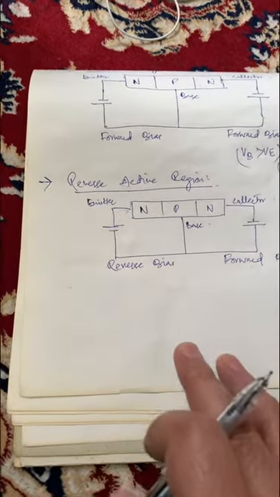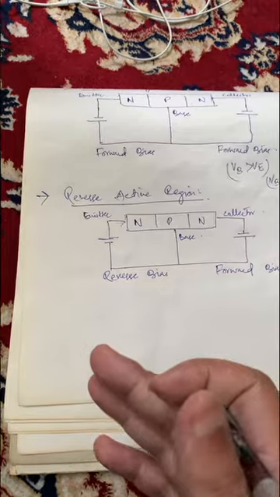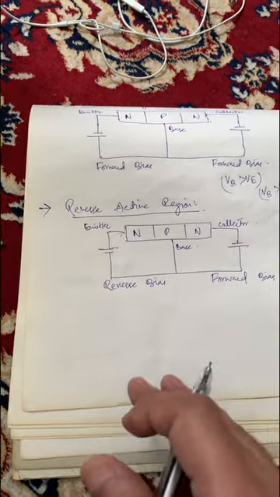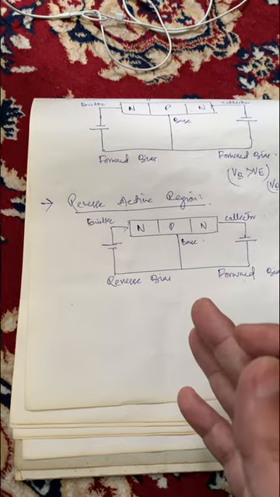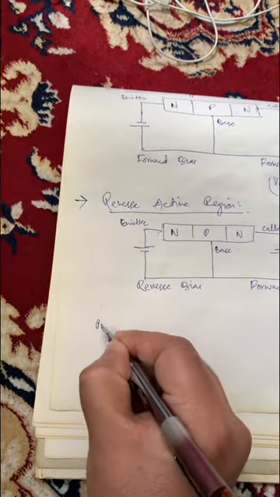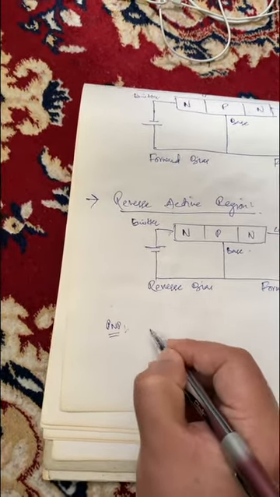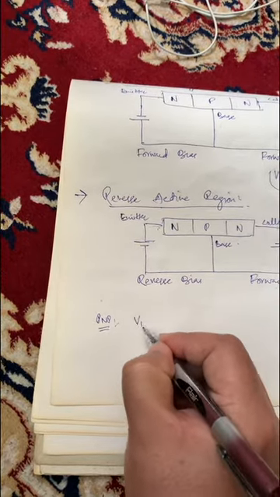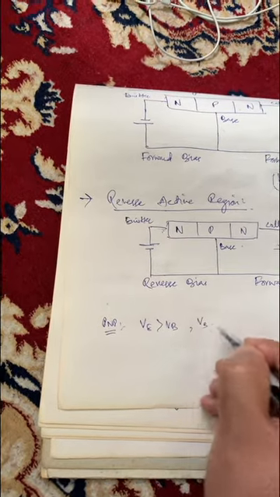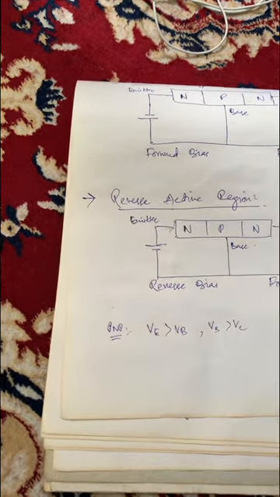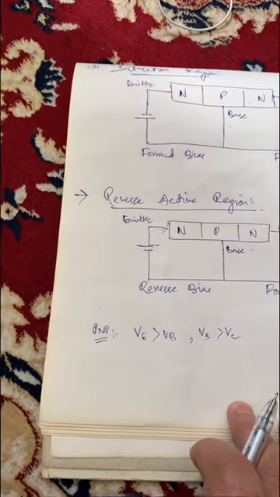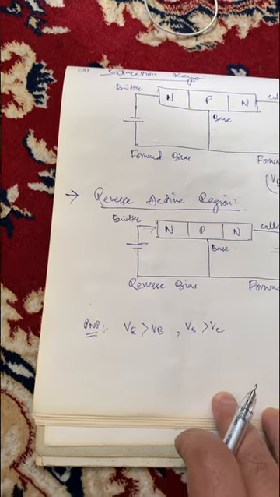Similarly, if we talk about the PNP transistor, in active region, emitter is forward biased and the collector base is reverse biased. In case of PNP transistor, in active region, VE should be greater than VB, and at the same time VB should be greater than VC, if we are using a PNP transistor instead of NPN transistor.